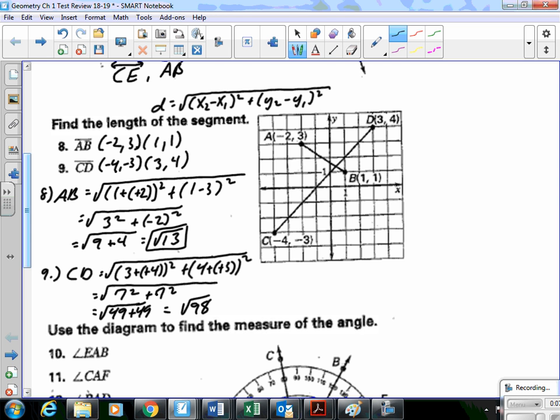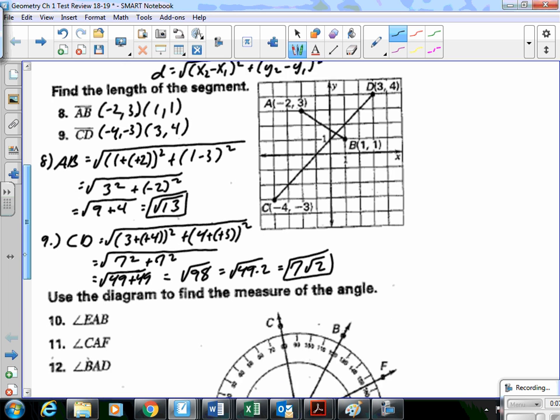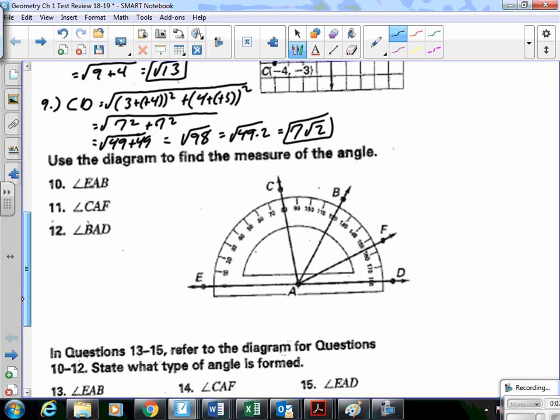And a big number like that, we want to see if we can simplify it, which 98 is the same thing as 49 times 2. 49 has a square root, which would be 7, so that 7 comes out, and the 2 is going to stay underneath there. So 7 square roots of 2 will be the answer for that one.